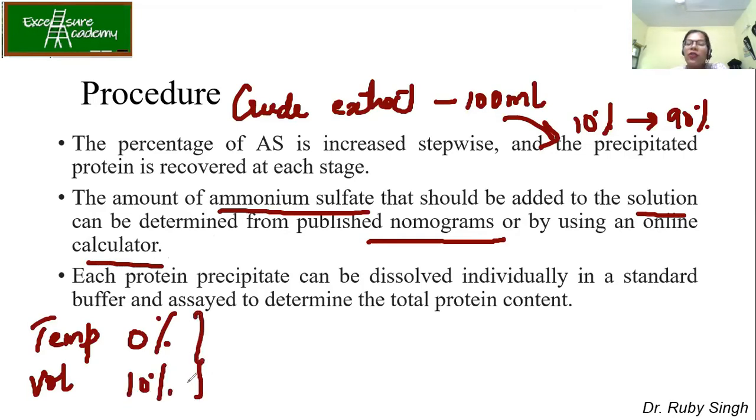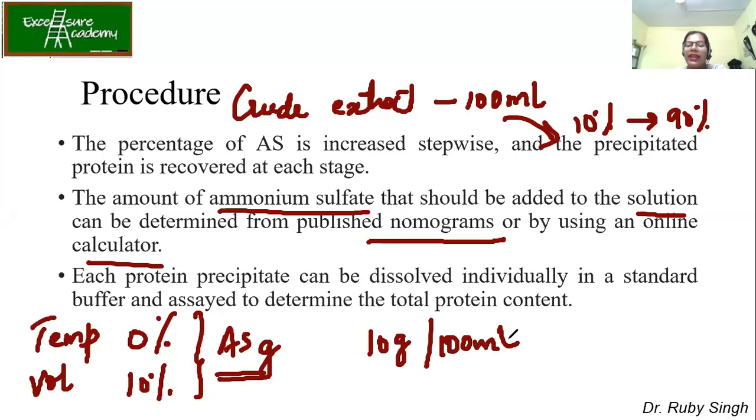The software will tell you how many grams of ammonium sulfate you need to add. Let us say we are going to start with 10 gram in 100 ml of protein extract.